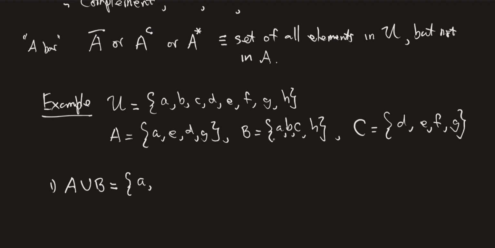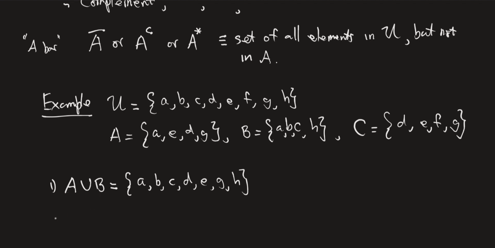Then I have a B and a C here. So B, C, and then I have an E and a D. So I'll put those alphabetically. Remember, the order doesn't matter in a set. So we have A, B, C, D, E. There's no F, and then there's G, and then H. So this set here represents the union of both of the sets A and B.